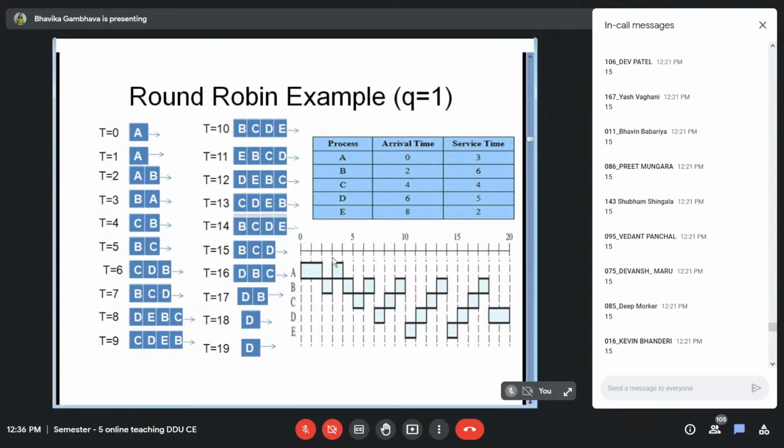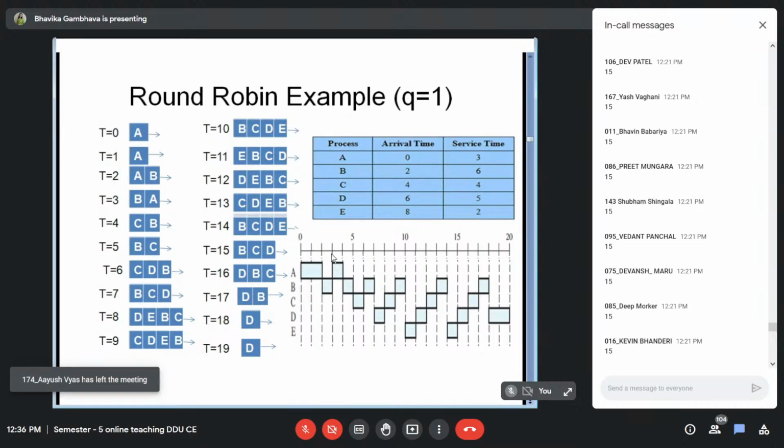At 3, there is no one available. A was in the queue, so I'm giving chance to A. And B is preempted, so I'm asking B to wait. So in the queue, we have B. And now, when I'm completing here, at 4, C is coming.